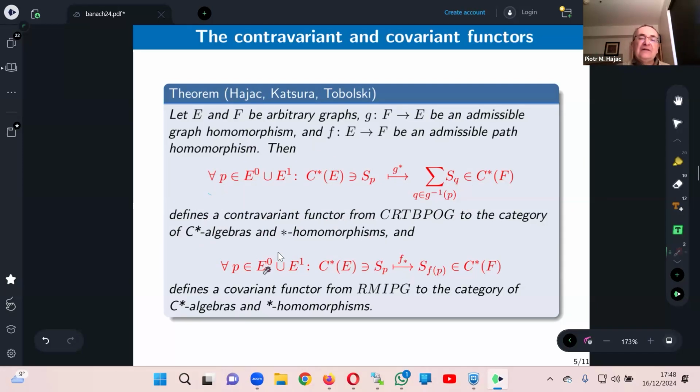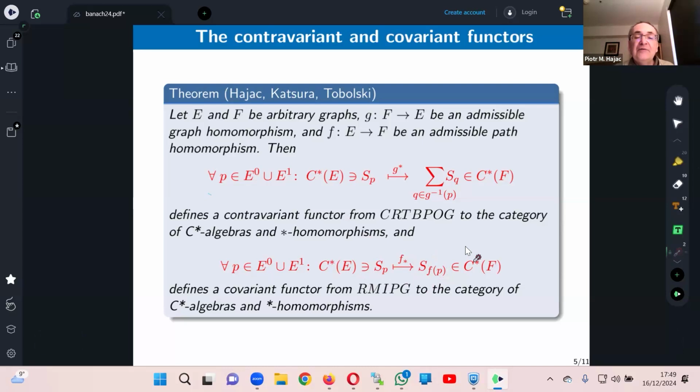And the formula for the covariant induction is actually easier, because again, you take an edge or a vertex, and then you map the projection or partial isometry to the projection or partial isometry which corresponds to the image of this edge or vertex. The only subtlety is that this f of p need not be an edge. It can be a path, all right? And this is a composite partial isometry. This is a sequence of partial isometries multiplied.